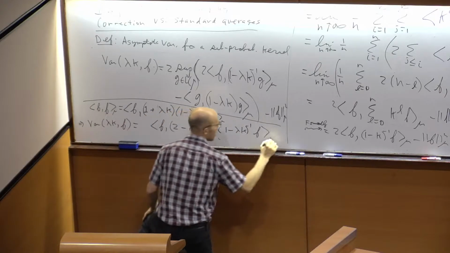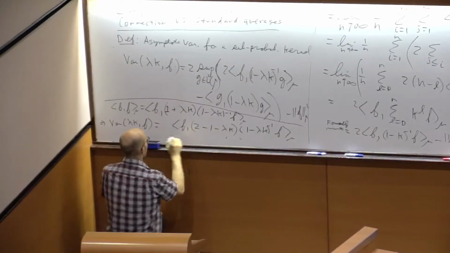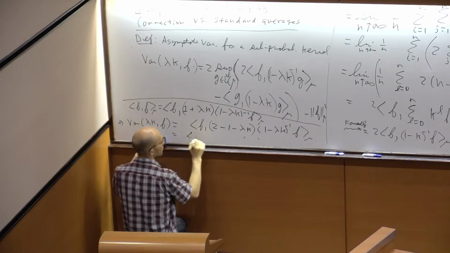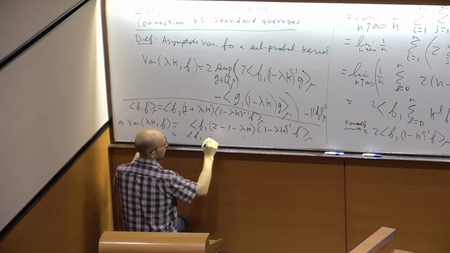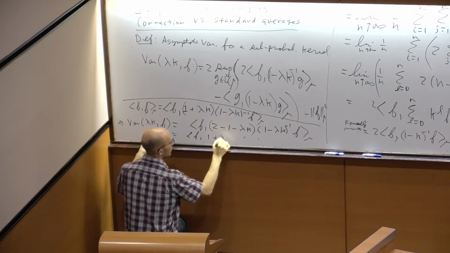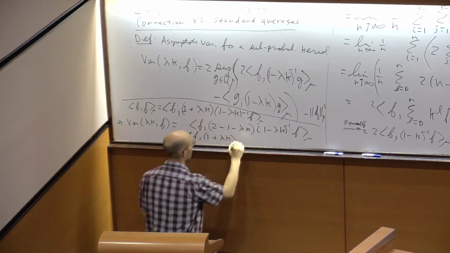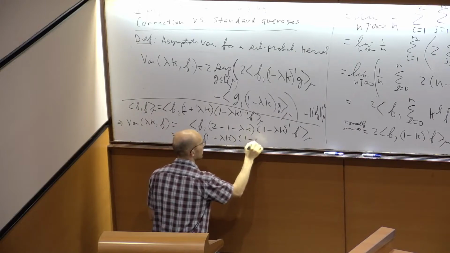I've just combined everything. So this is then equal to F of (1 plus lambda K) over (1 minus lambda K).